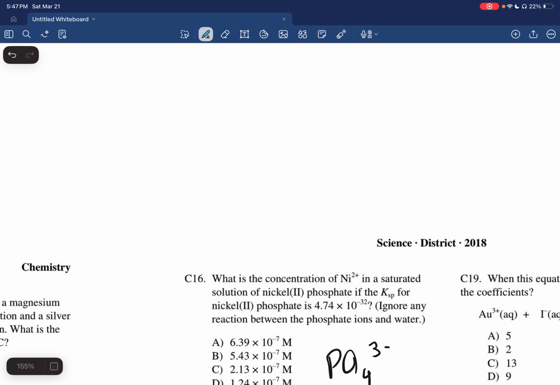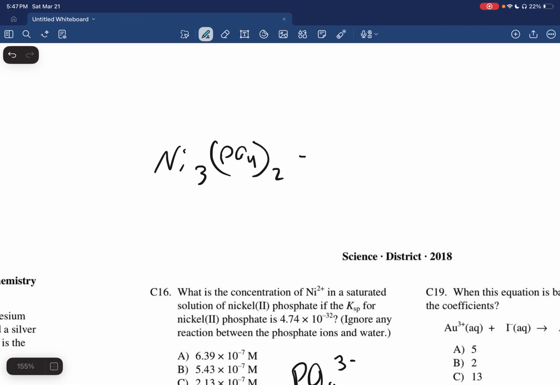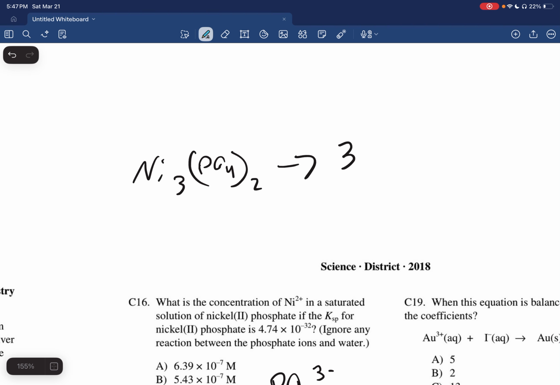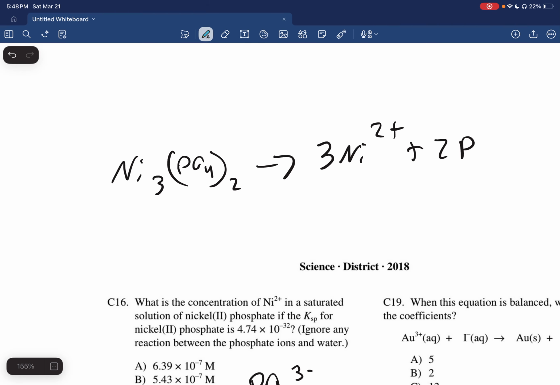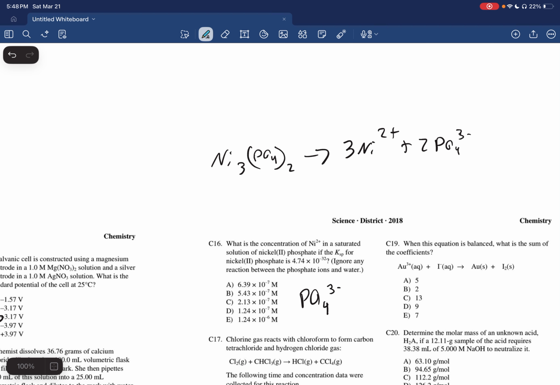And so when we balance our thing, we'll get Ni3(PO4)2. And the dissociation of that is going to give us 3 nickel 2 plus ions plus 2 phosphate 3 minus ions. And now we can do a RICE table.